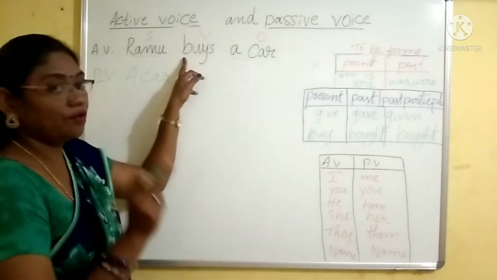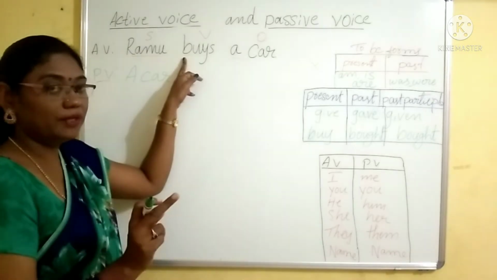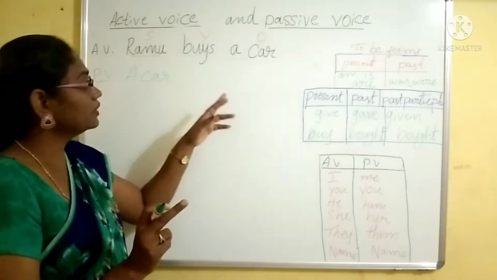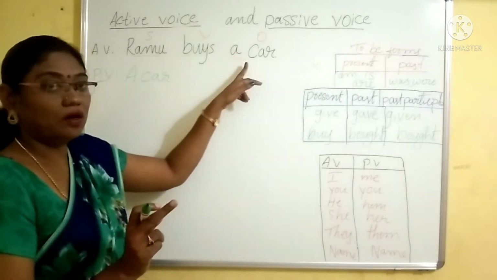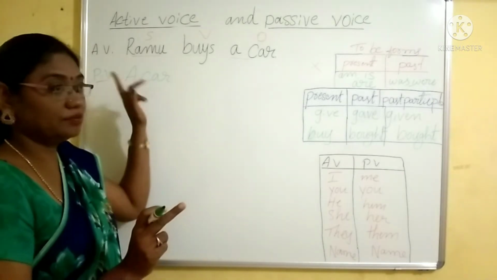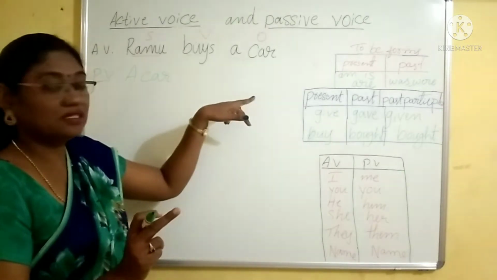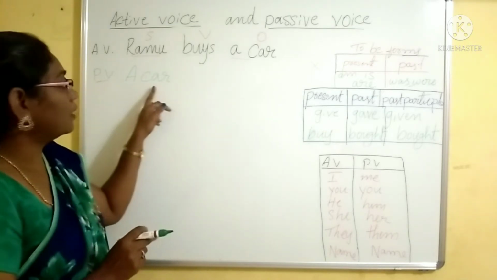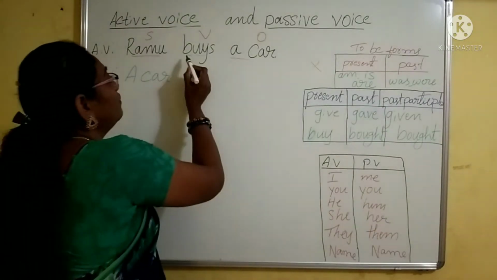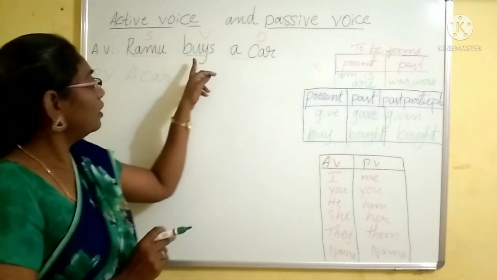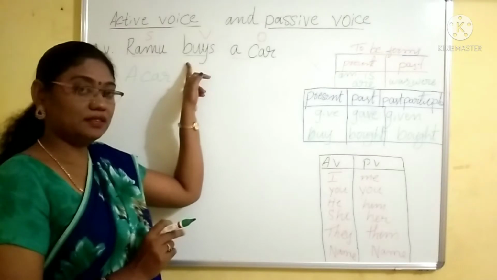Here we have to find whether the verb is in present or past. Before that, the object comes in the place of the subject, and the subject goes to the place of the object. Just remember that. A car.